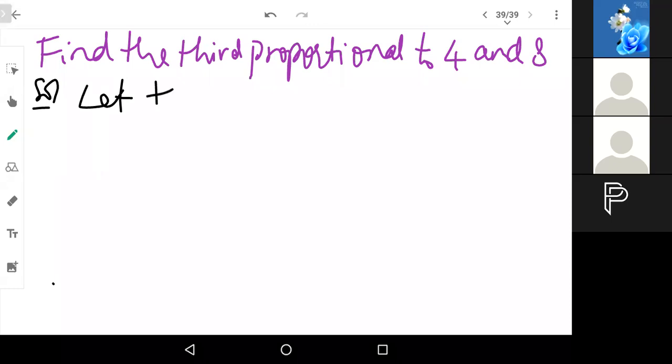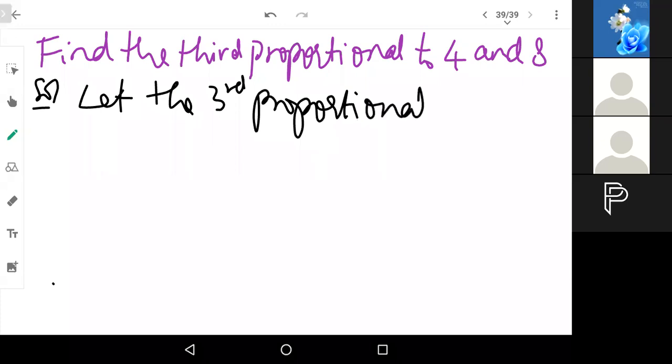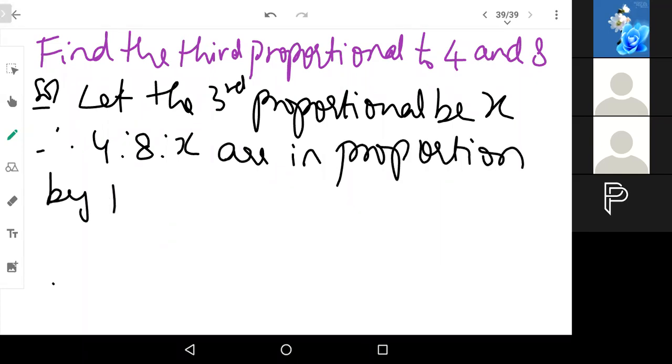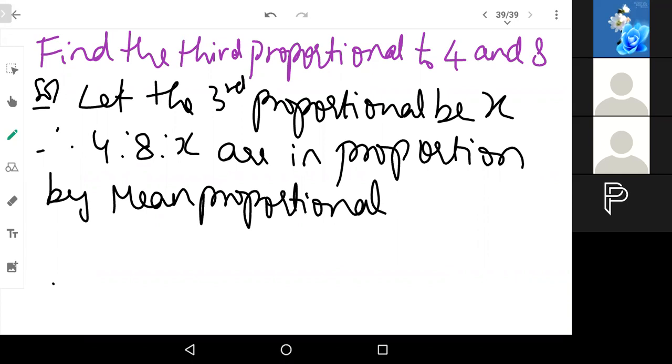So let the third proportional be x. Therefore, 4 is to 8 is to x are in proportion by mean proportional. B is equal to square root of AC.